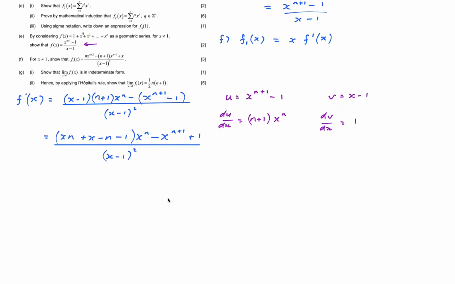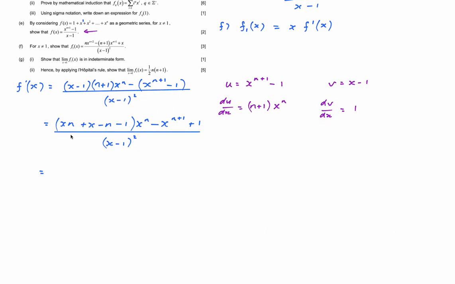Okay, I'll simplify this a little bit more, guys. x times n times x to the n is actually n x to the n plus 1, because that's x to the 1, that's x to the n, add the powers.